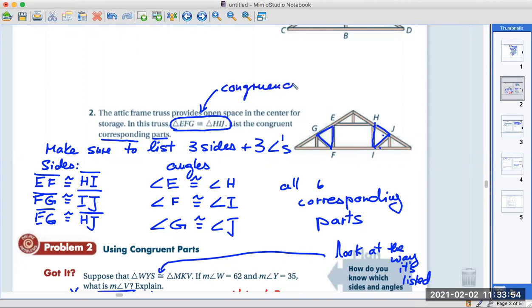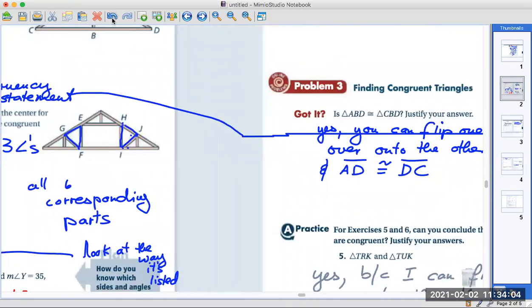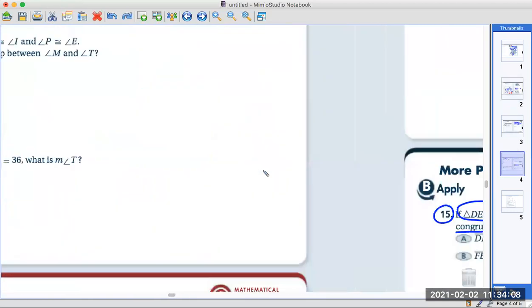Congruency statement. Okay. Now, where were we?